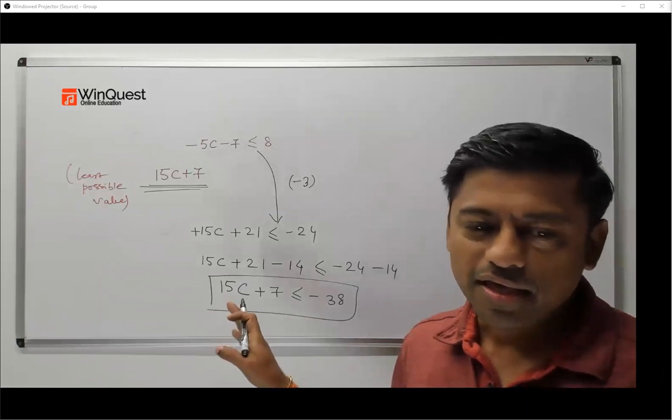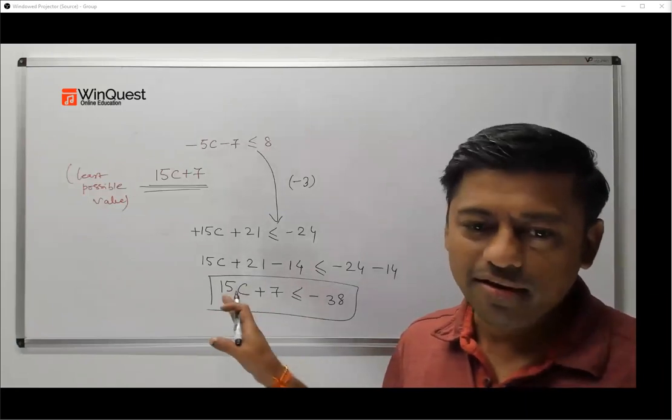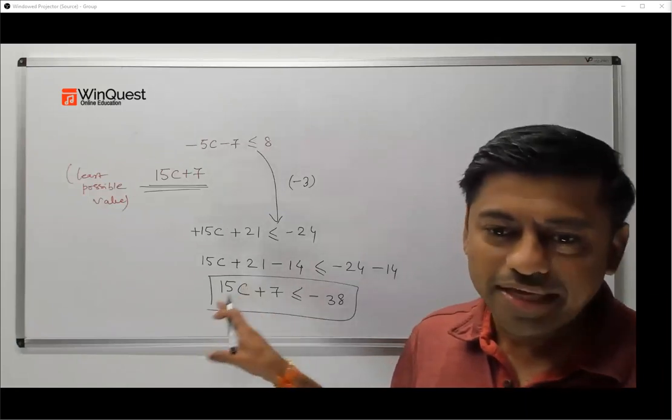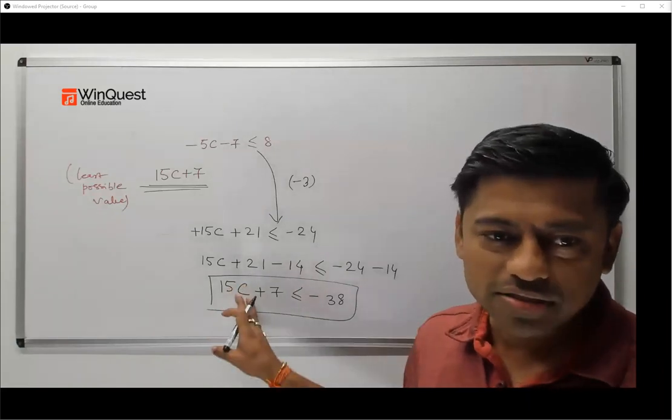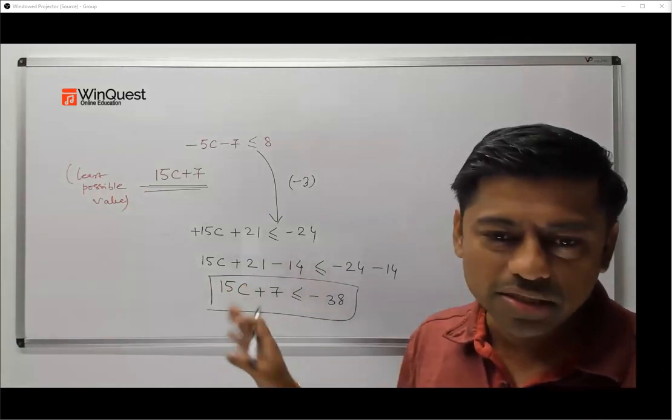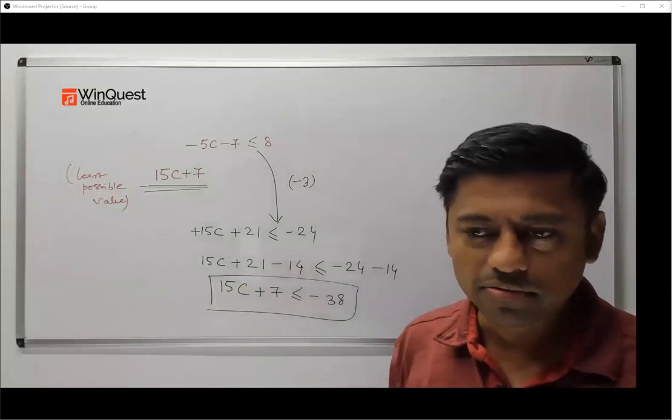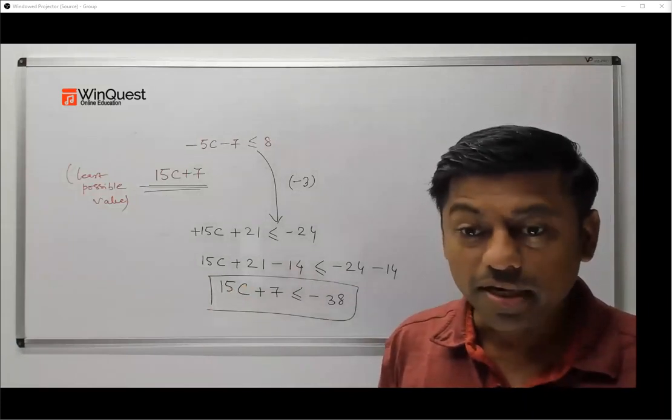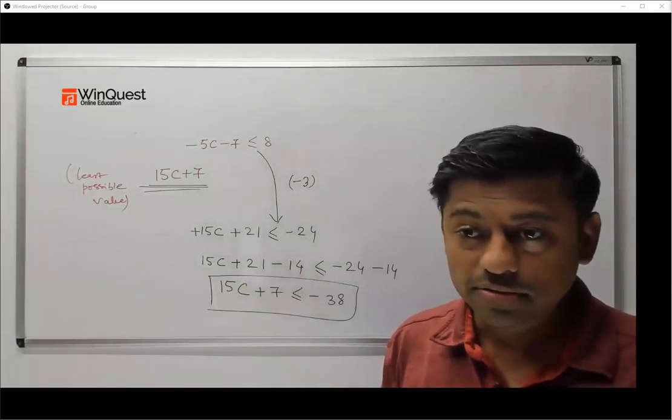Because your sign will give you some conclusions here. What is asked? Least minimum value. What is the least minimum value in this particular scenario? Negative infinity. Very good, Akash.